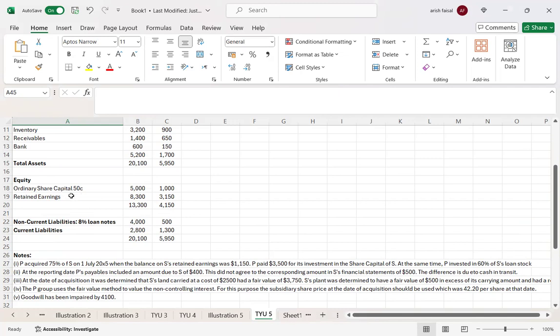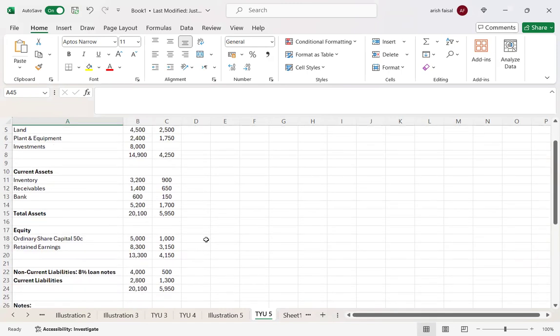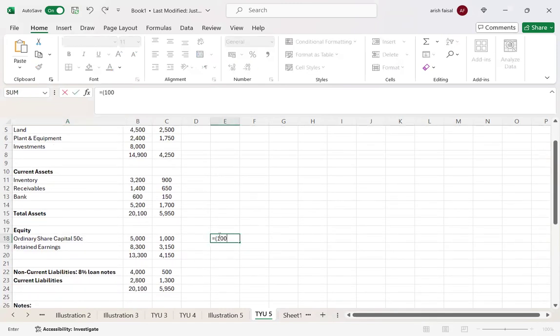It says ordinary share capital at 50 cents. So basically the nominal value of one share is 50 cents. So the total valuation over here is 1,000. This means that the number of shares the subsidiary company has in total is 1,000 divided by 0.5, so that will give you 2,000 shares.